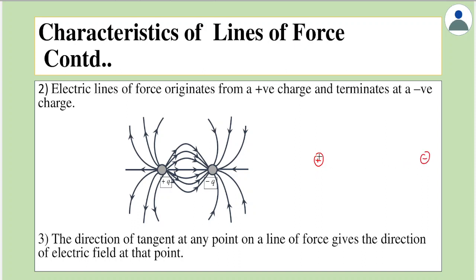In this case, the lines of force would start at the positive charge and end at the negative charge. We will see how to get this in a minute. For now, just assume that if we have a positive charge and a negative charge, then the lines of force would start from the positive charge and end at the negative charge.